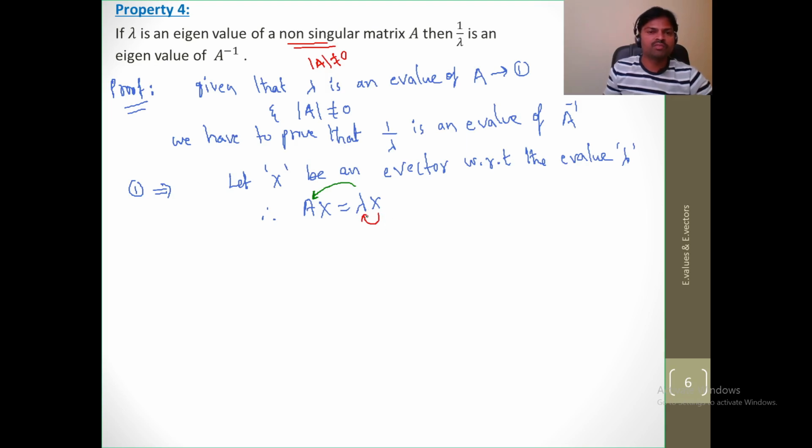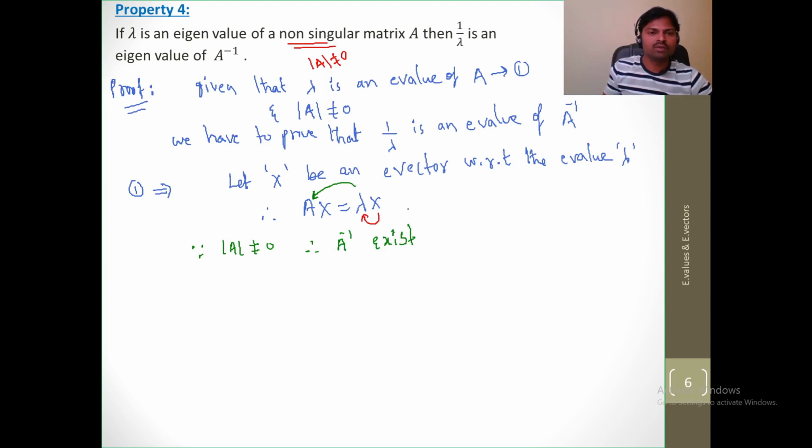Same phenomenon will apply here. Then the next step: since determinant of A is not equal to 0, therefore A inverse exists.